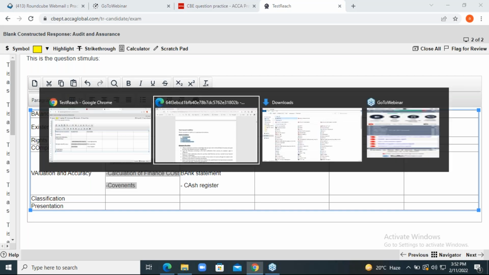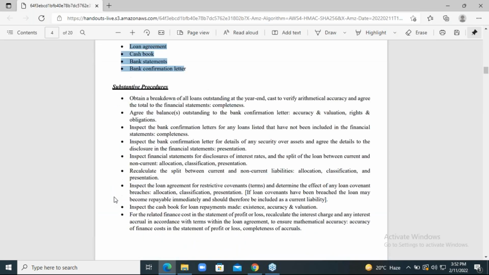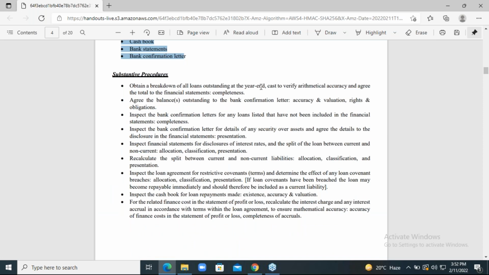So if we go back to the non-current liability procedure, you can see: obtain a breakdown to confirm arithmetical accuracy. Outstanding bank confirmation letter will be used. Then inspect the confirmation letter for any loans listed that have not been included in the financial statements. This procedure is for completeness assertion.